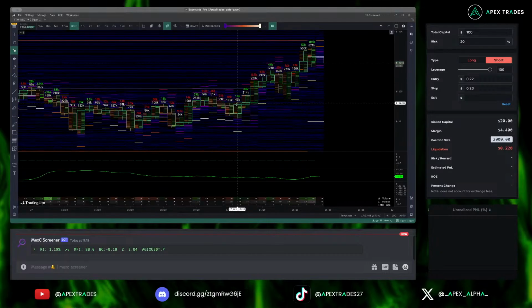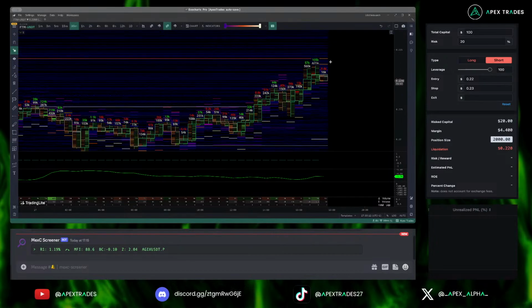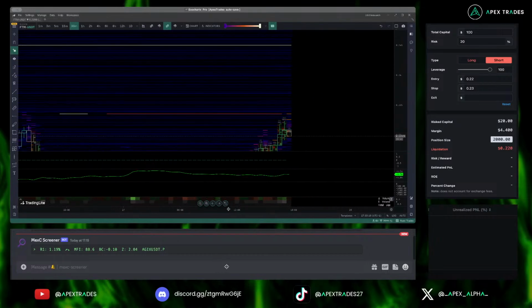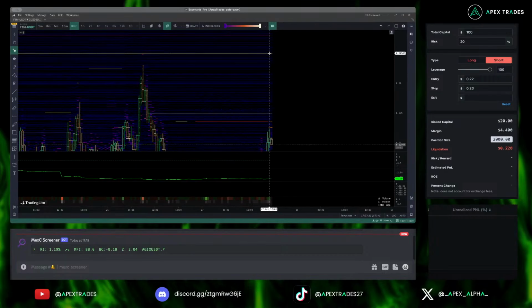Let's go on the Binance one, right? So 0.2. I think it's, yeah, you can see it there, right? That's that big white load of resting orders there. Yeah, you can see that's a nice zone as well.